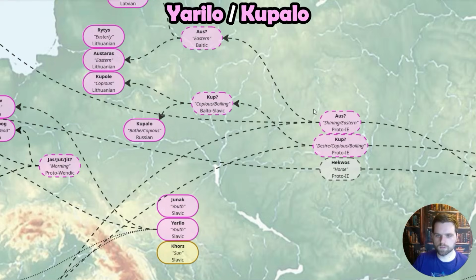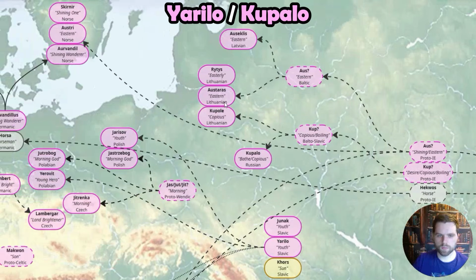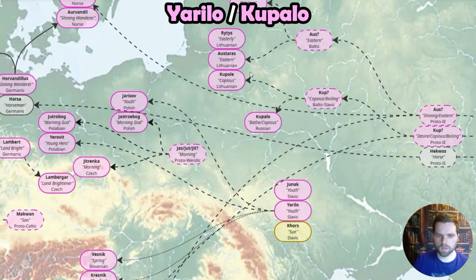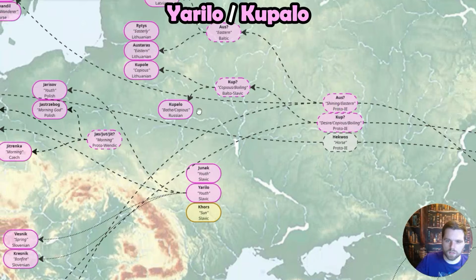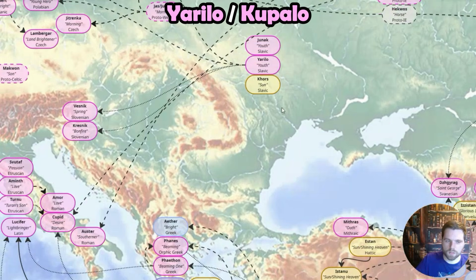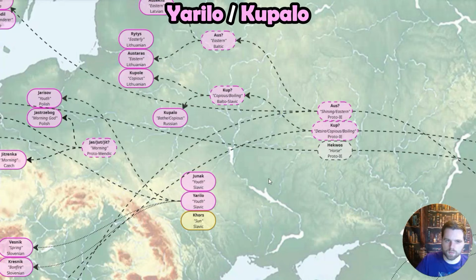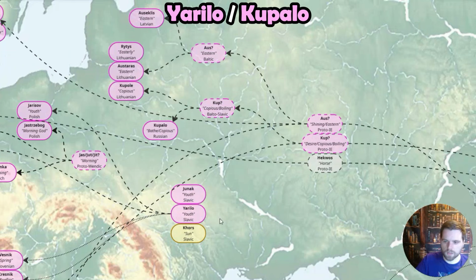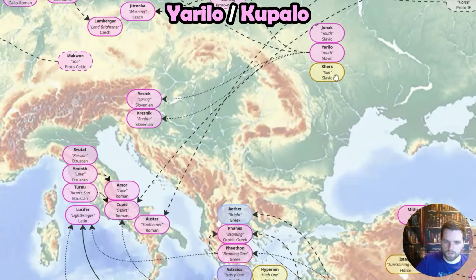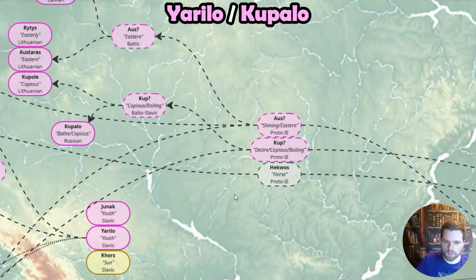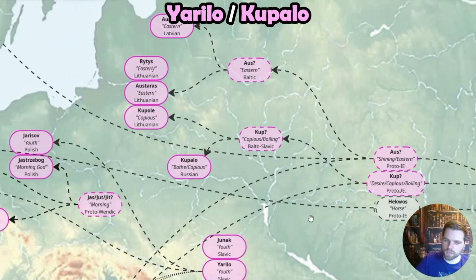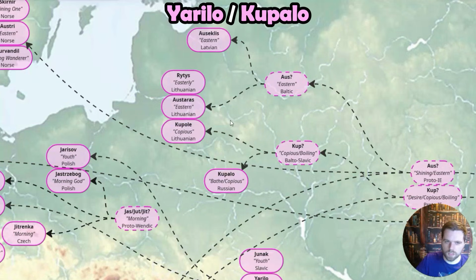And then over here with the Kup linguistics, there's Kupolo and Kupala. So with this Kupala and possibly even Cupid, there is a similar common meaning that I discovered: desire is what Cupid means in Roman, and in Balto-Slavic there's a slight difference between the Lithuanian and the Russian interpretation.